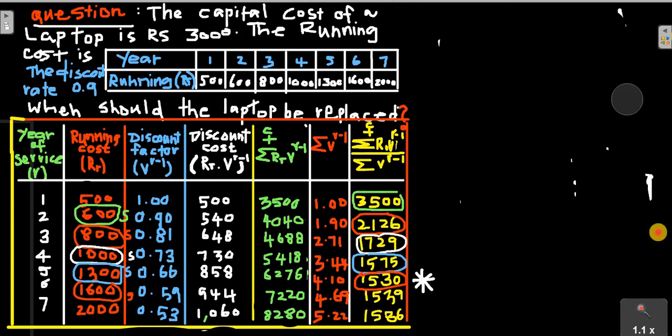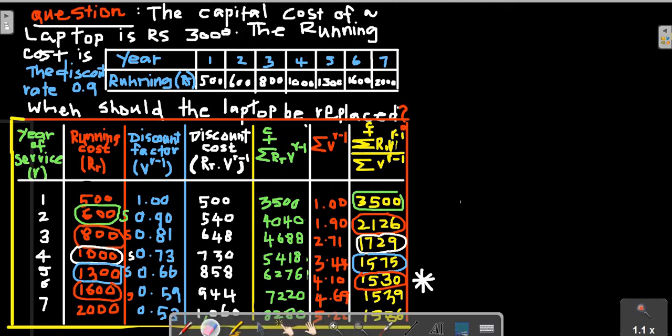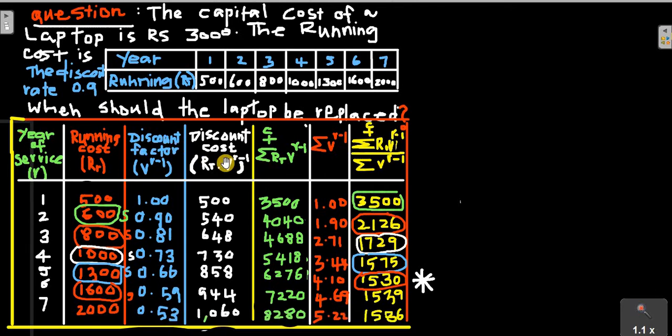Now what is the next calculation? Now what about the discount cost? Discount cost is nothing but the product of the second column and the third column, that is R into V to the power R minus 1.